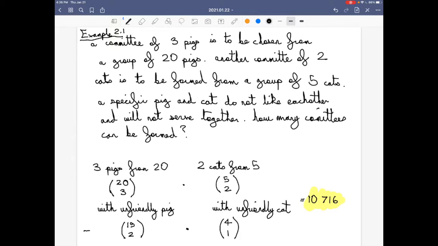So if you look at what we did here, to take the numbers 3, 20, 2, and 5 and get from that the number 10,716 is obviously not something you can just do unless you have the intellectual structure of what we've built to interpret this word problem with these particular mathematical formulas.